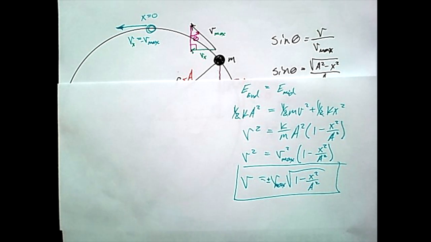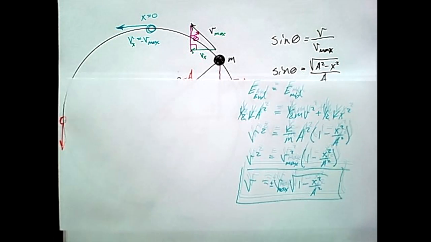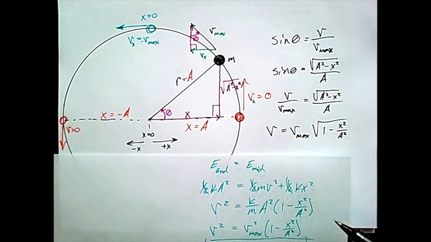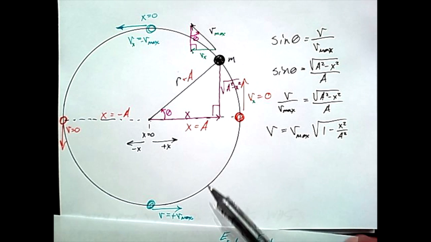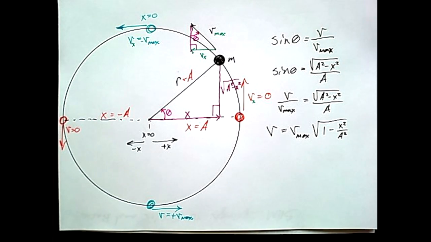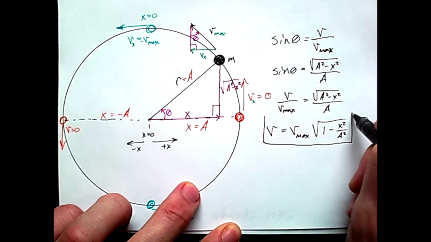It was repeating its pattern indefinitely over a fixed amplitude with conservation of energy. And so the fact that this formula is the same from springs above to circles below means that any overlap of information from one system to the other can probably be ported from one system to the other, right?